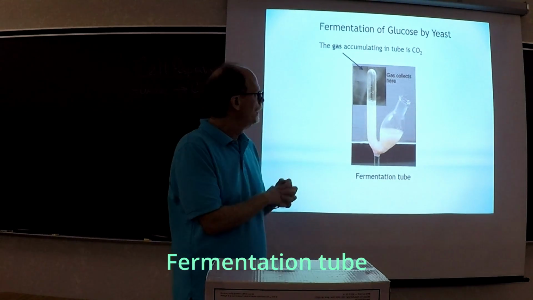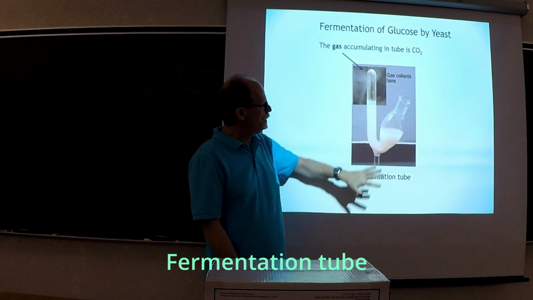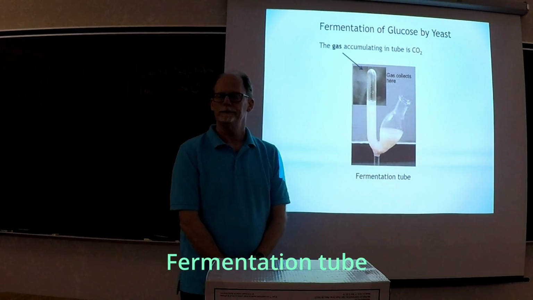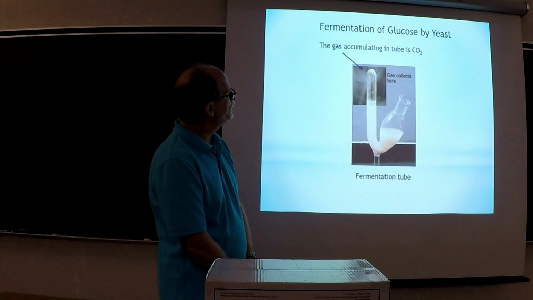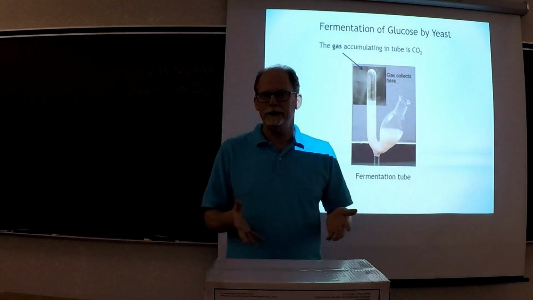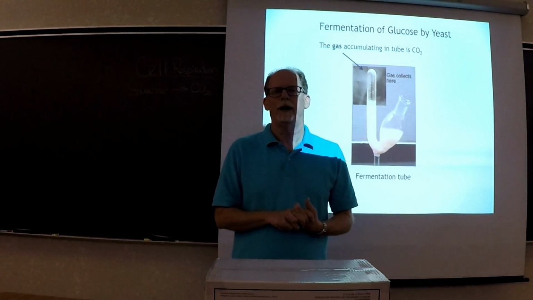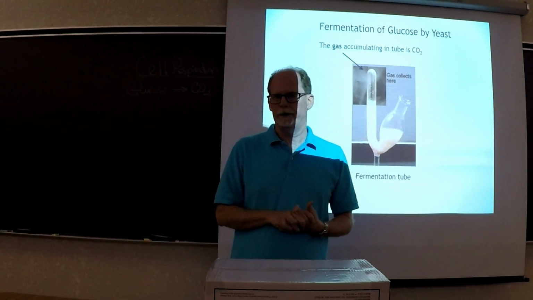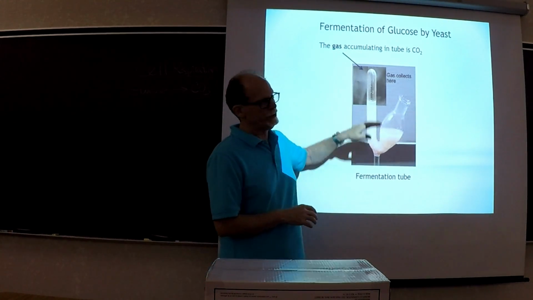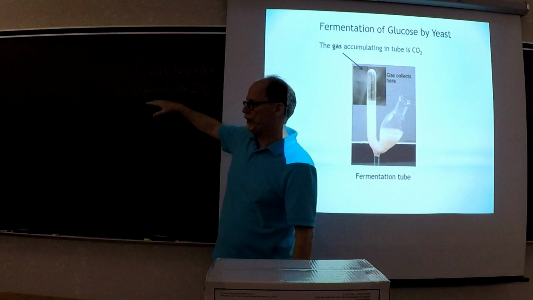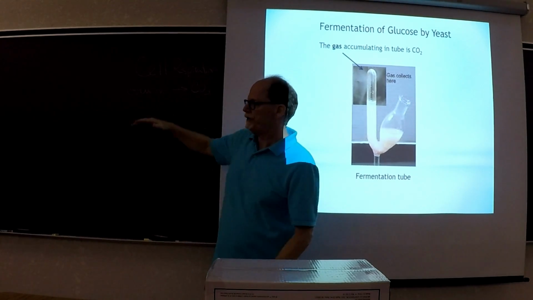In this, when we're using the yeast, we're using an organism that is only fermenting. It's a little bit different than cell respiration. They can make ATP, right? But they're producing carbon dioxide, but it's not the same as cell respiration. This is a cell respiration, right?